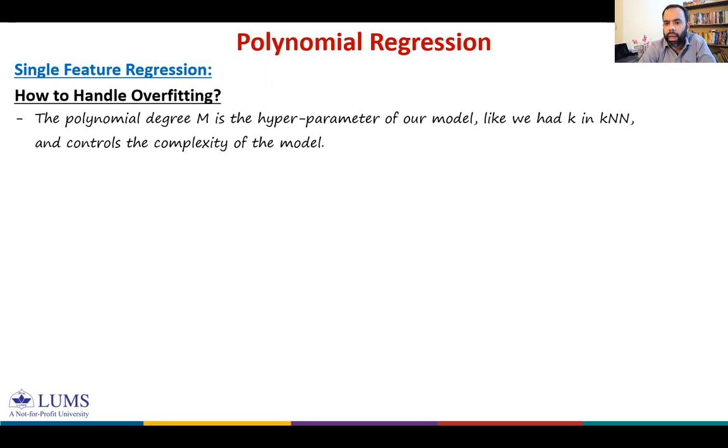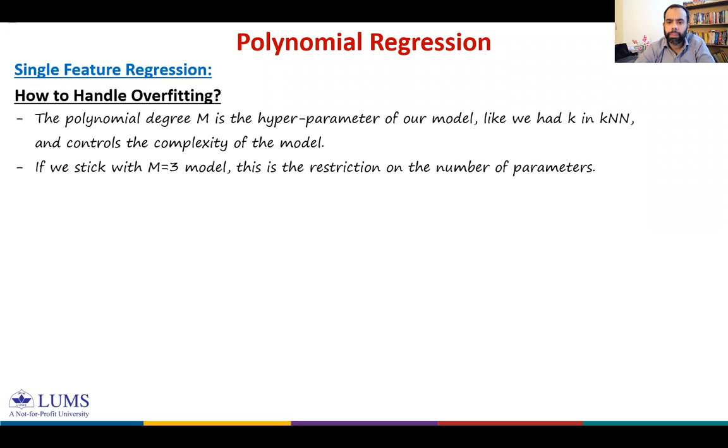It's like we had k in kNN, and this is controlling the complexity of the model. If you separate data into training and validation and stick to m equal to 3, this is kind of restricting the number of parameters to model your process. So we encountered overfitting for m equal to 9 because we did not have sufficient data.